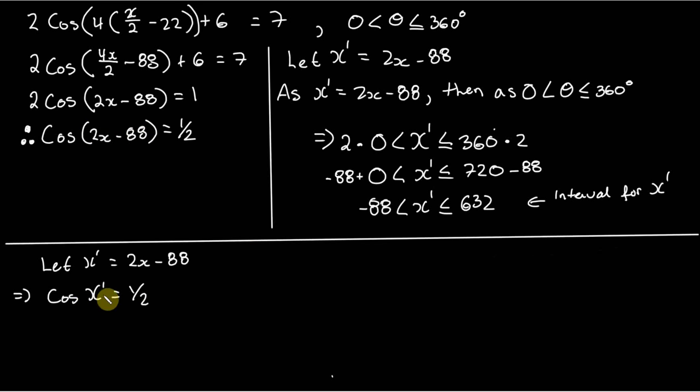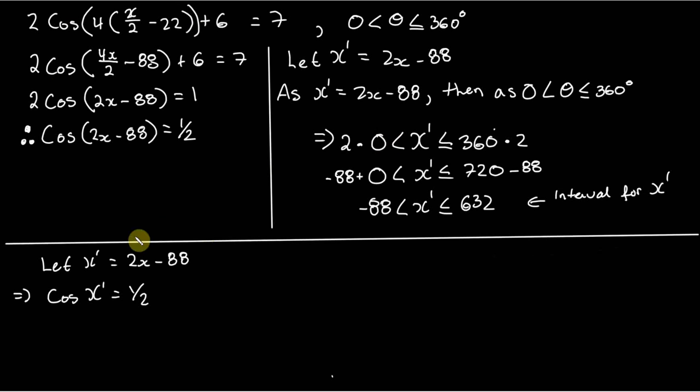So now we have cos big X prime equals 1/2. This is what I meant at the start of the video, that it simplifies to a form very similar to the one at the outset of the video, cos theta equals 1/2, for example. This is so simple to solve, right? This is a much simpler form to solve than if we just kept it like this. And we've adjusted the interval accordingly.